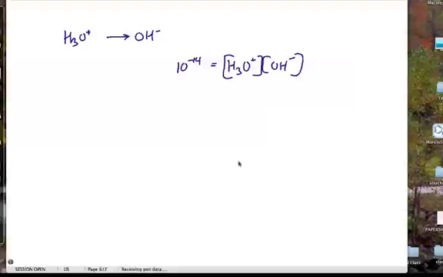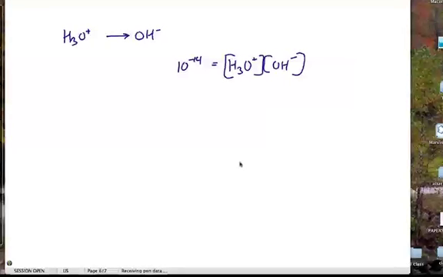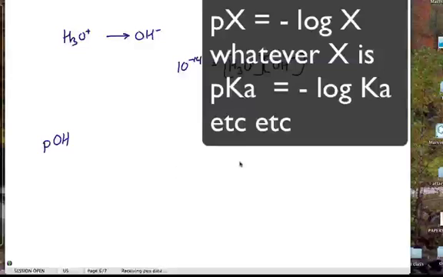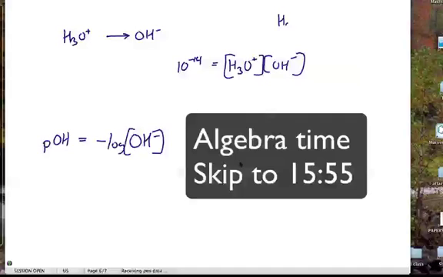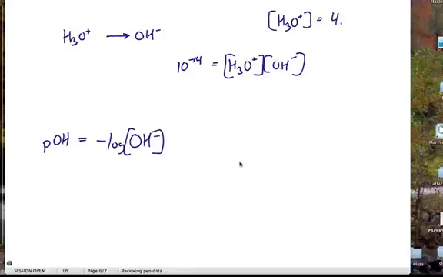What's not so obvious is that we can also look at pOH, which, like the pH, would be equal to negative log of the OH minus concentration. Let's look at our example where our H3O plus concentration was equal to 4.50 times 10 to the negative 9th, and we wanted to know what the OH minus concentration was.